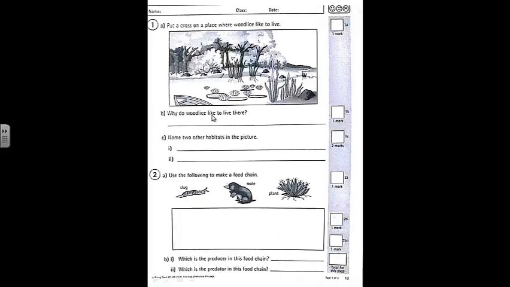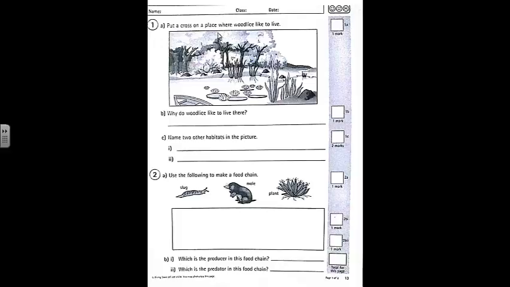Why do wood lice like to live there? For any animal to live in its habitat, there must be 3 things available in this habitat. Shelter, a good place to live in, with a good temperature, with good air to breathe. Food to eat, suitable food to eat.